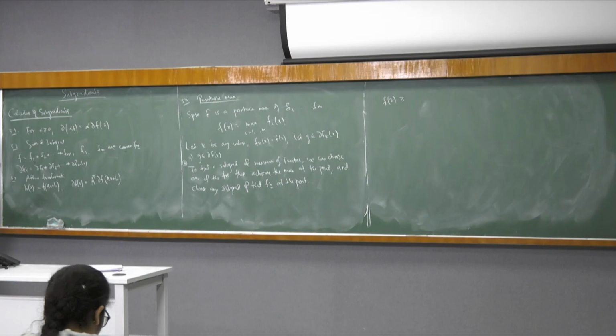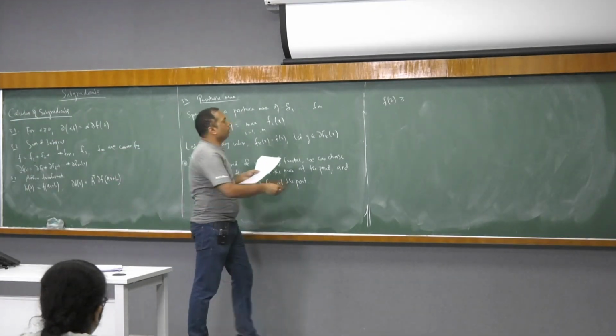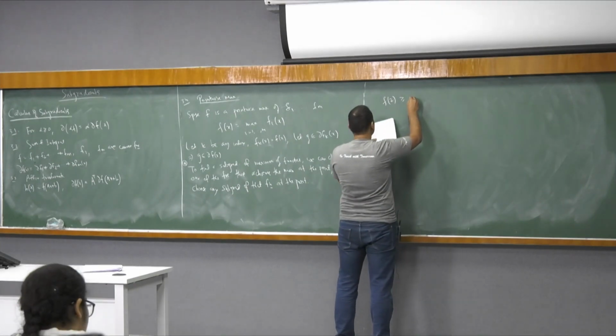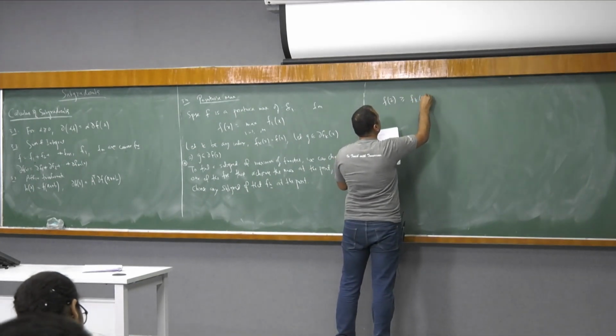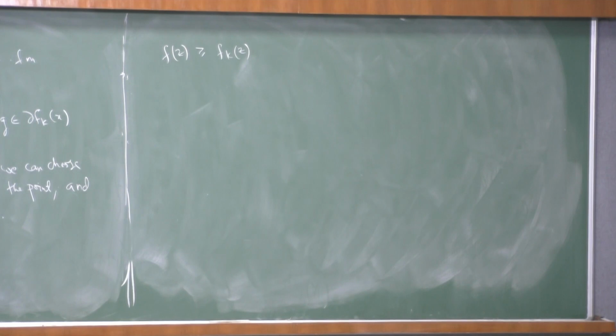Let us take any point z. Then f(z) will be greater than or equal to fk(z), because f happens to be the maximum of all the fi's. So that's clear.